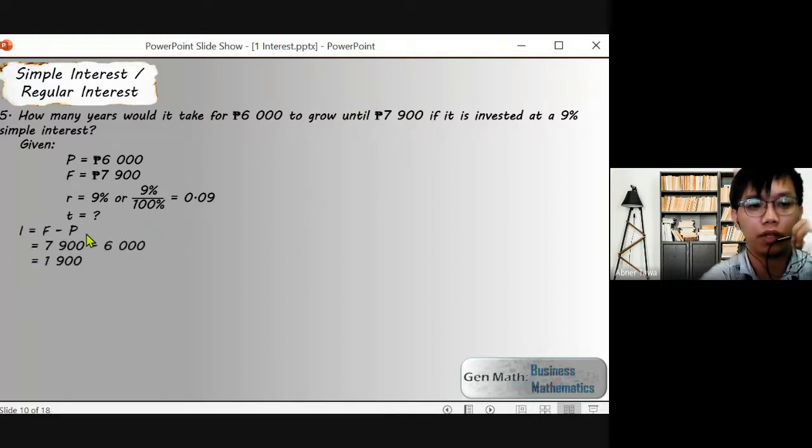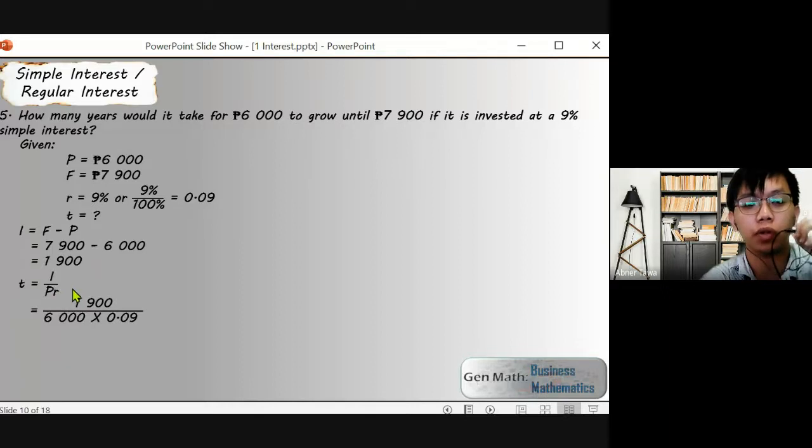Okay, so that is just subtract the future value by the principal amount. So that is 7,900 minus 6,000, that is 1,900. So yan yung nilaki ng kanyang pera na ininvest sa interest na 9%.